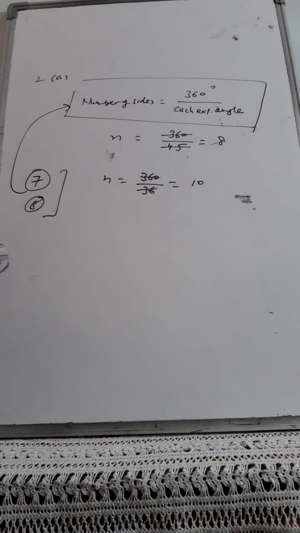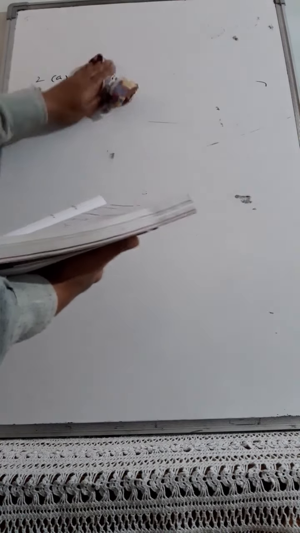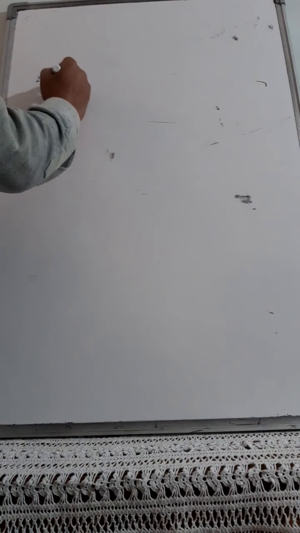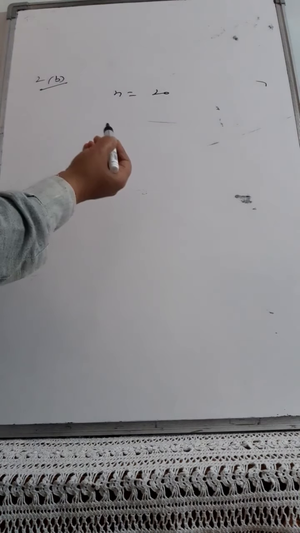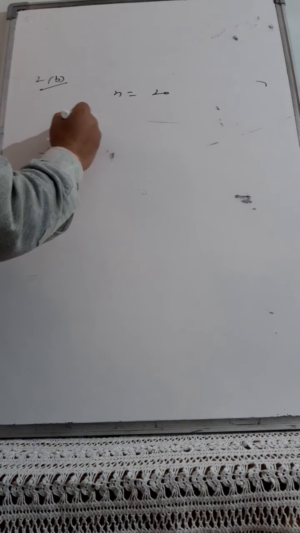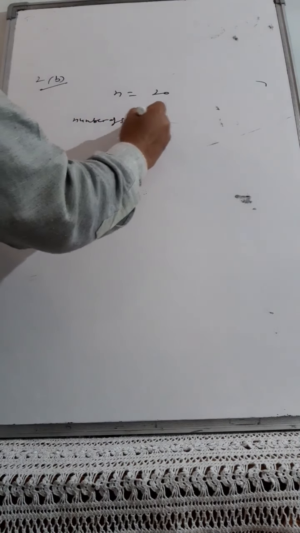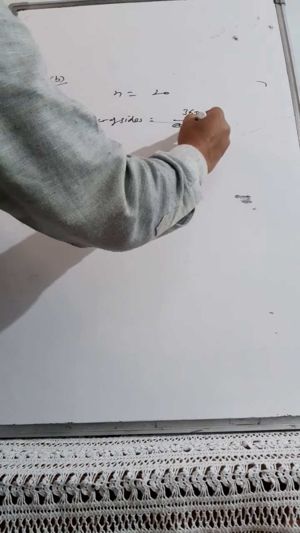Then let us go to question 2b. What is the measure of each exterior angle of a regular 20-gon? A 20-gon means n is equal to 20. Each exterior angle is what we need to determine. The number of sides I know is equal to 360 upon each exterior angle.